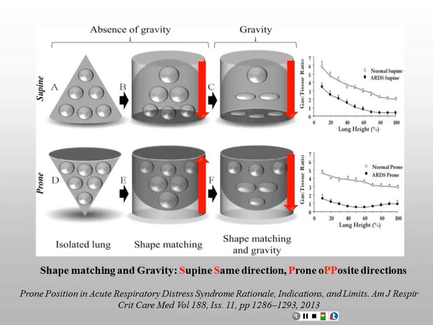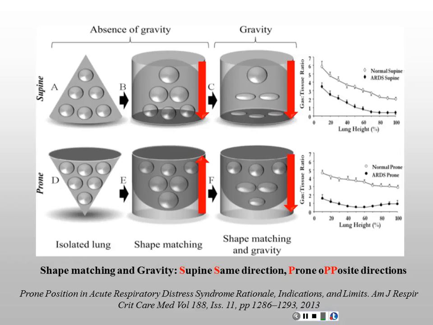This is beyond the topic, but this is one of the explanations why when you prone the patient, they have better oxygenation. They have homogeneous distribution of the air here. This is in supine position. This is in prone position. Here, the lung height. So here, you can see this is the gas-tissue ratio. One of the explanations is you have two factors, the shape matching effect and the gravity effect.